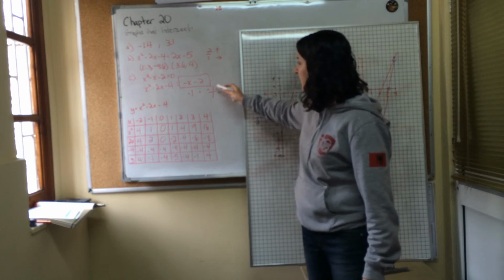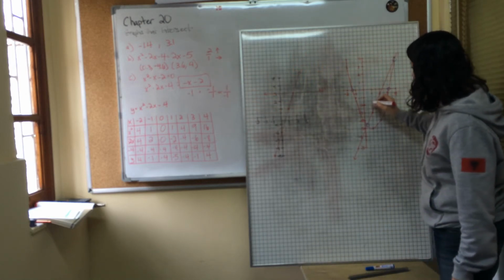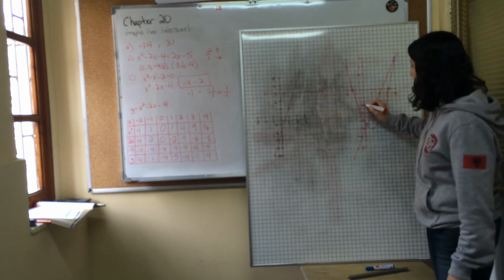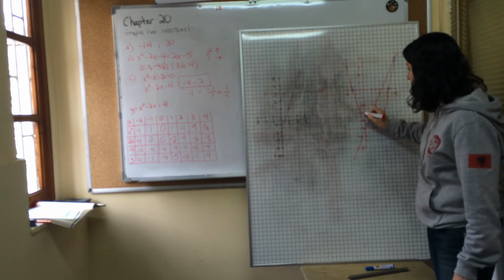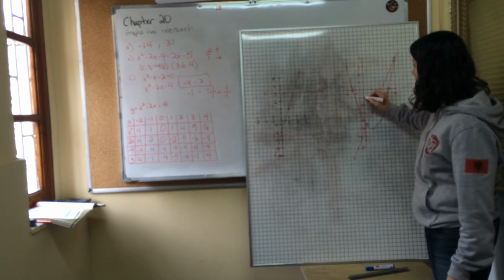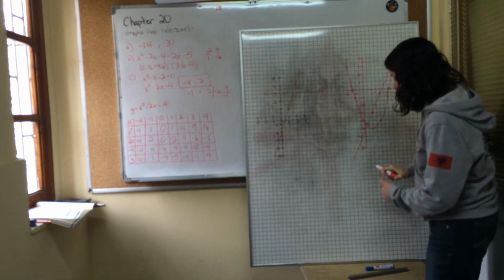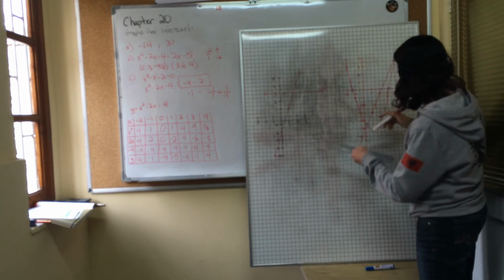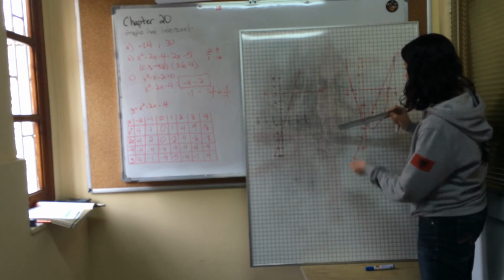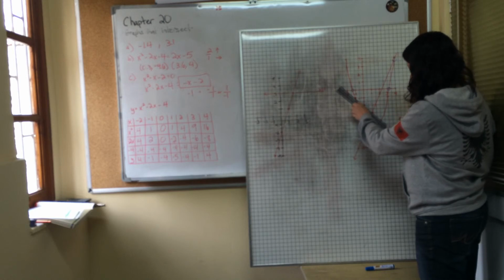So if we say it's -1, 1, that means we would go from -2 or the y-intercept down 1 here, and then to the right 1 this way. Or we can go up 1 and to the left 1. So those are the 3 points that we need to make a line, and then we will connect these points. Same way as we've done with the other ones.